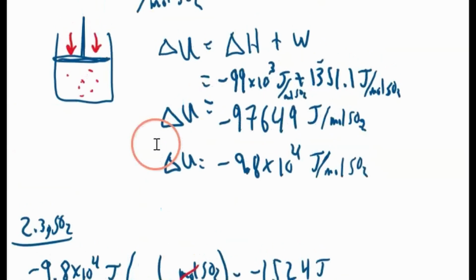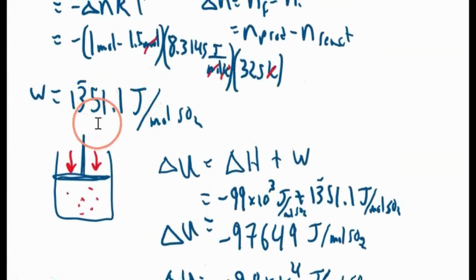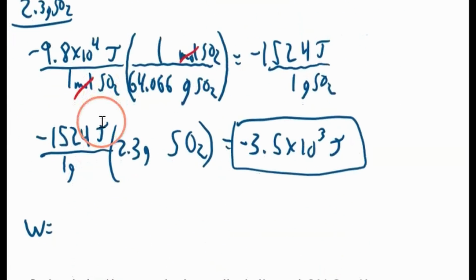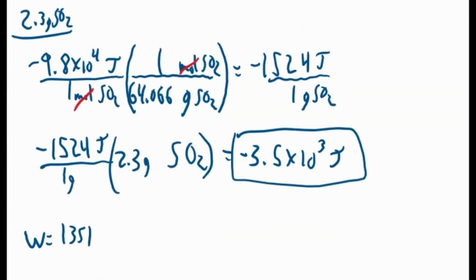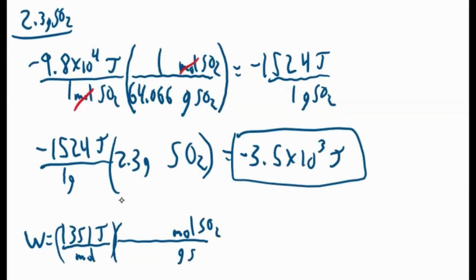So the work was 1351.1 joules per every mole of SO2. And we need to get to grams, so we'll multiply this by the moles divided by the grams using the molar mass of SO2, 1 mole for every 64.066 grams.